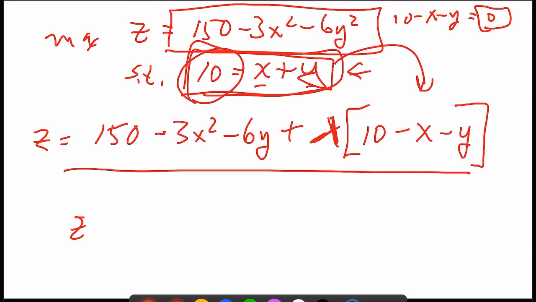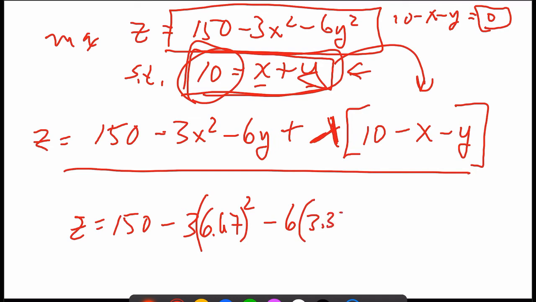Well, z is 150 minus 3 times 6.67 squared minus 6 times 3.33 squared.